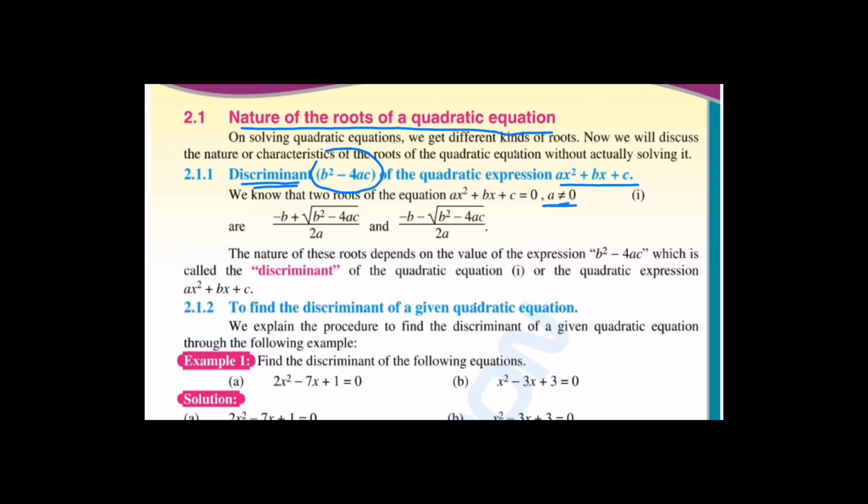The nature of these roots depends on the value of b²-4ac, which is called the discriminant of the quadratic equation, or the quadratic expression ax² plus bx plus c.